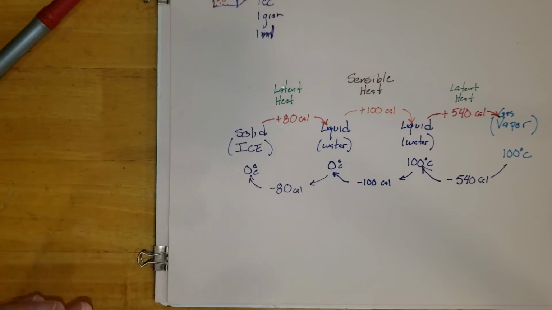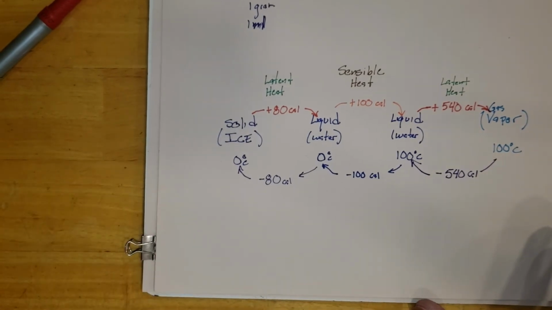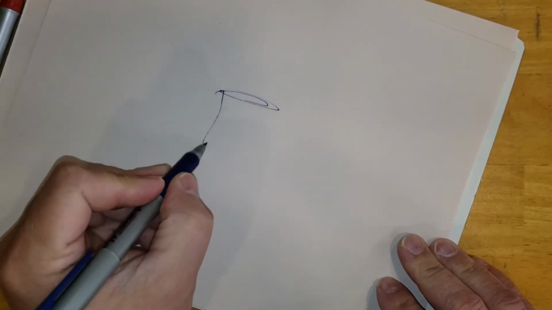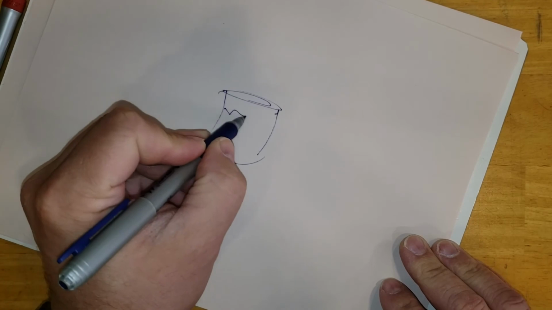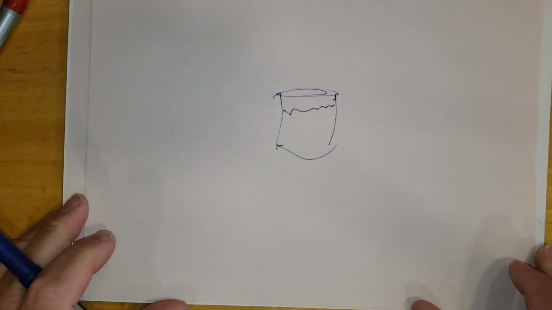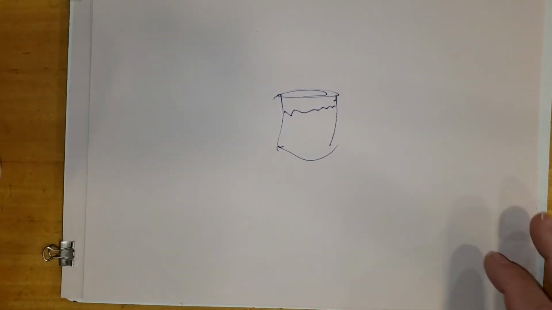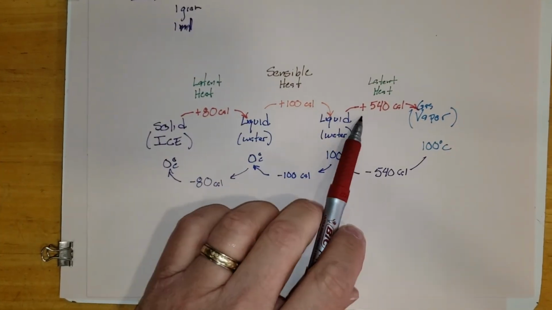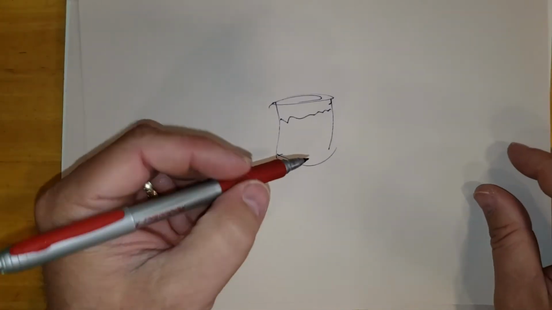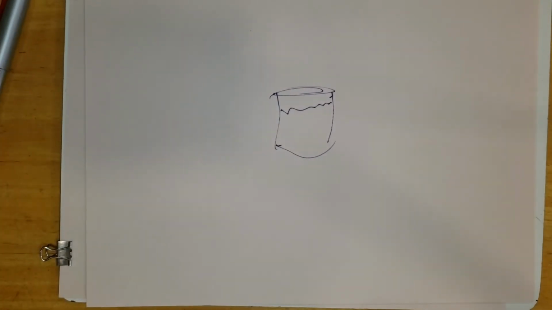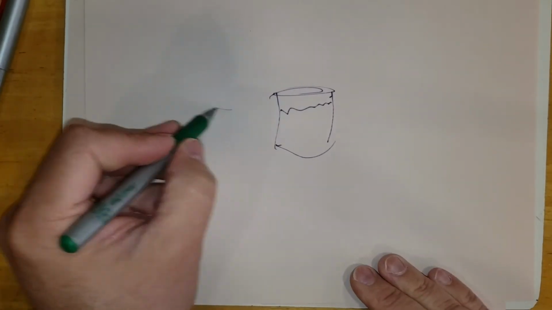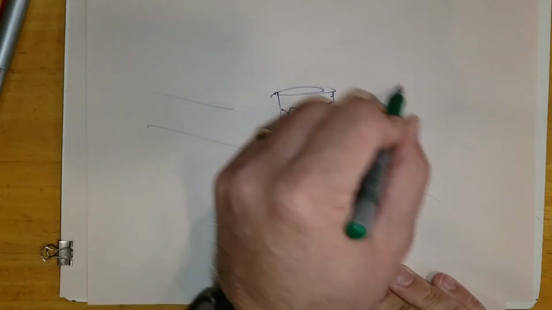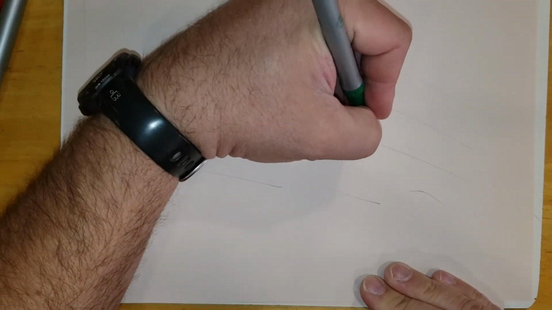Now, here's what's important to understand. I might have my water, and here we'll make a little beaker full of water. If I am going to be adding energy to that water, for example, to change the temperature, then I also need to keep in mind that everything outside of that water, we're going to call generally the environment.